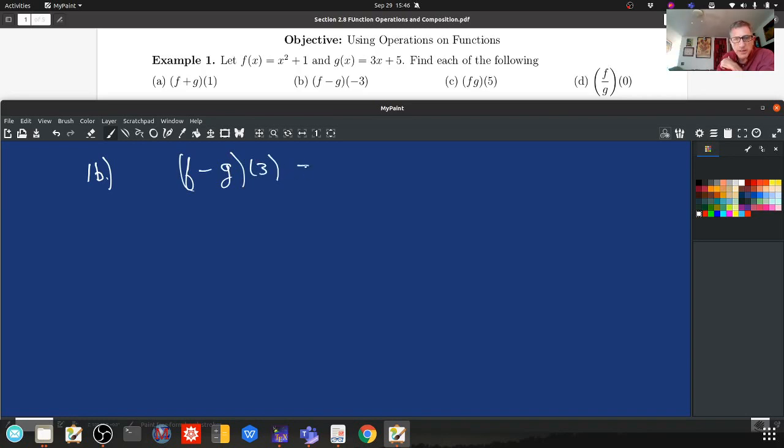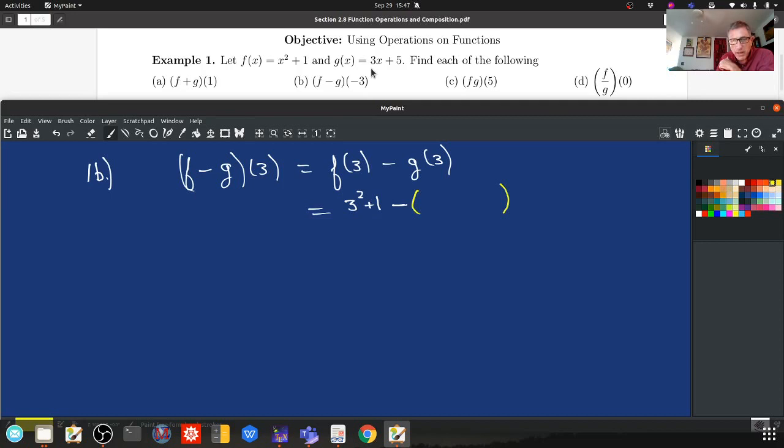So now let's do f minus g of 3. And by definition, that's the same as f of 3 minus g of 3. Well, f of 3, right here's our f function, is 3 squared plus 1. And here you must be very careful. Since g of x contains more than one term, you absolutely must write parentheses in.